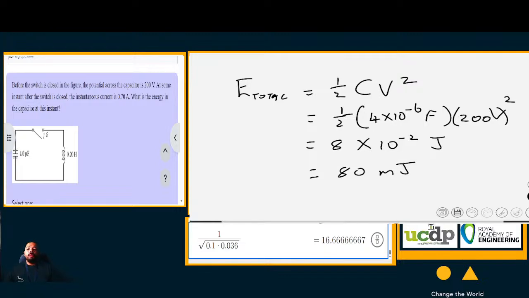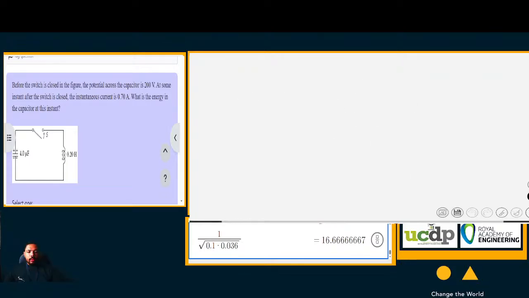Now let's determine the energy in the capacitor. How do we determine it? We already have the total energy. What other device will take energy up? There are two components in this circuit, a capacitor and an inductor, and the energy will be spread between the two of them.